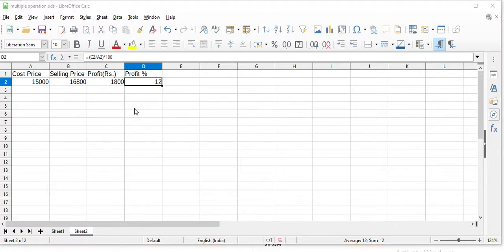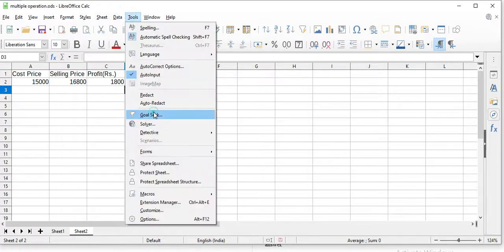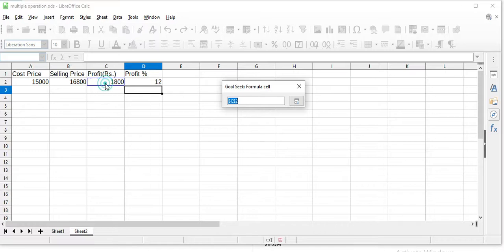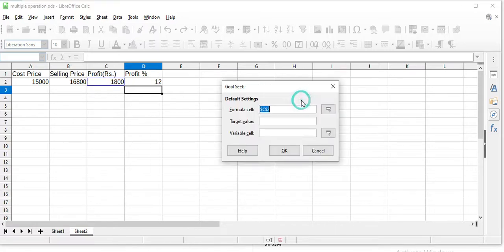You can do it for the profit also. If you want to set a goal for your profit, say 2,500 profit should be there for me, you can keep goal seek for your profit also. Same steps: go to Tools, goal seek. Select the formula cell where you want your goal, then write the target value. I am writing 2500.